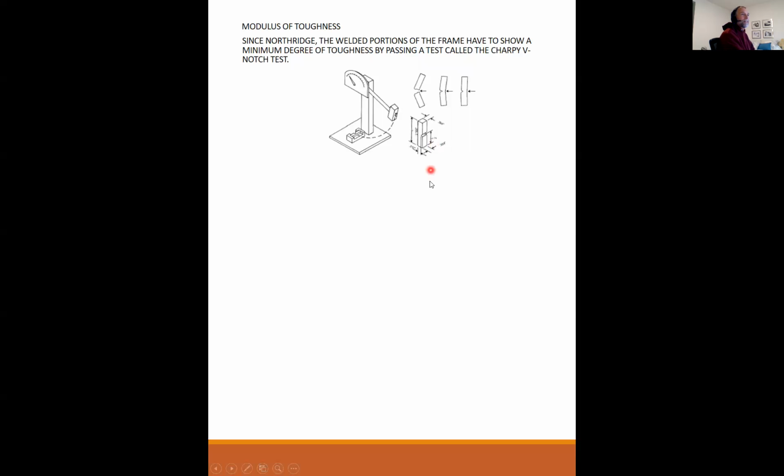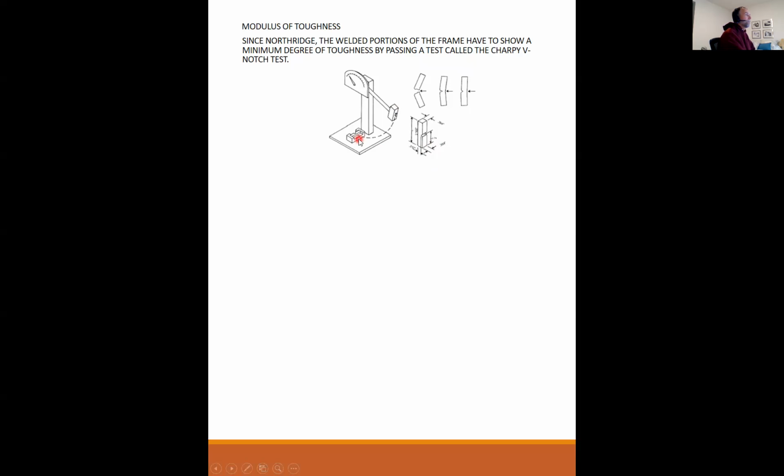I don't know if you can see that so clearly, but these are all dimensions of exactly how the sample has to look. And then this hammer comes down and whacks it on the back there and breaks it. But in some way, shape, or form, this apparatus will measure the energy it took to fracture the material.